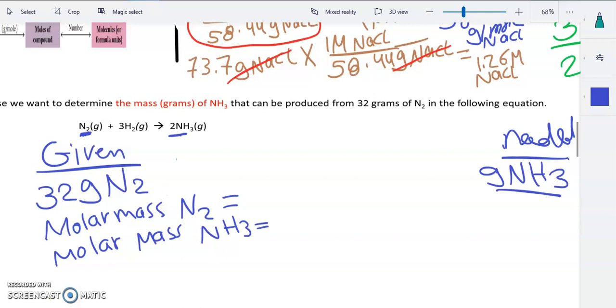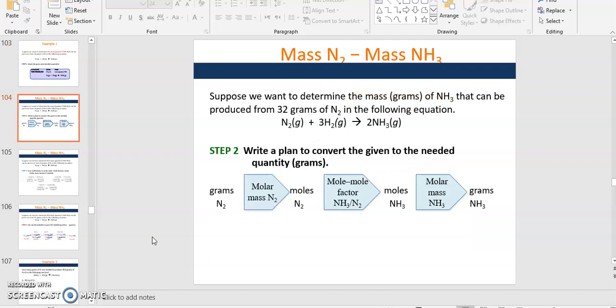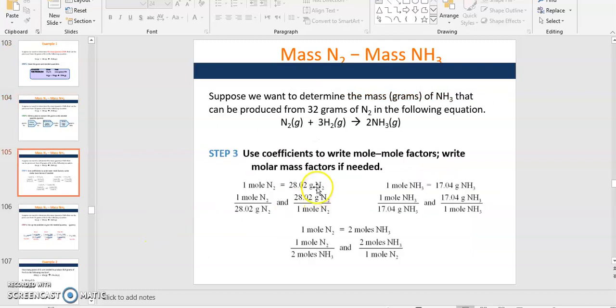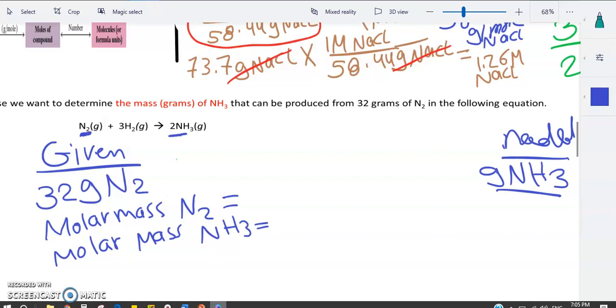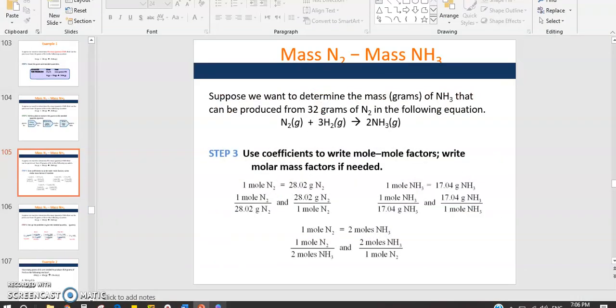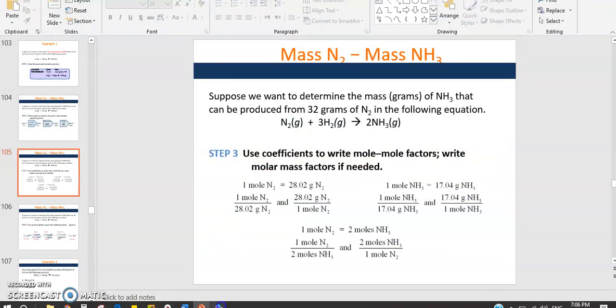Let me figure out just the numbers from here. I don't want to waste time in doing the calculation. So for the nitrogen, it's 28.2 grams, and for the NH3 it's 17.04.